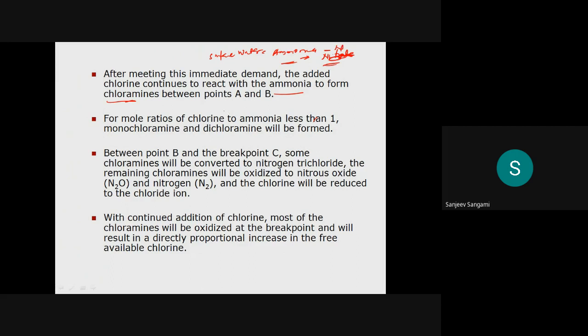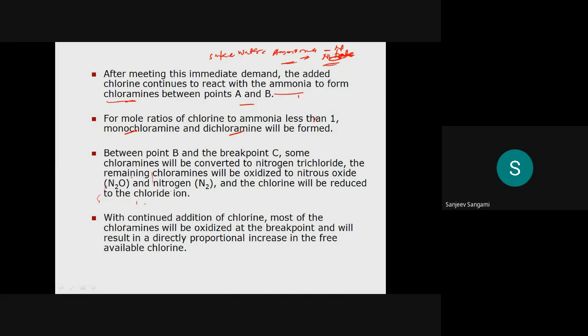It continues to react with the ammonia to form chloramines between A and B. Whatever forms in between those points will be monochloramines and dichloramines.